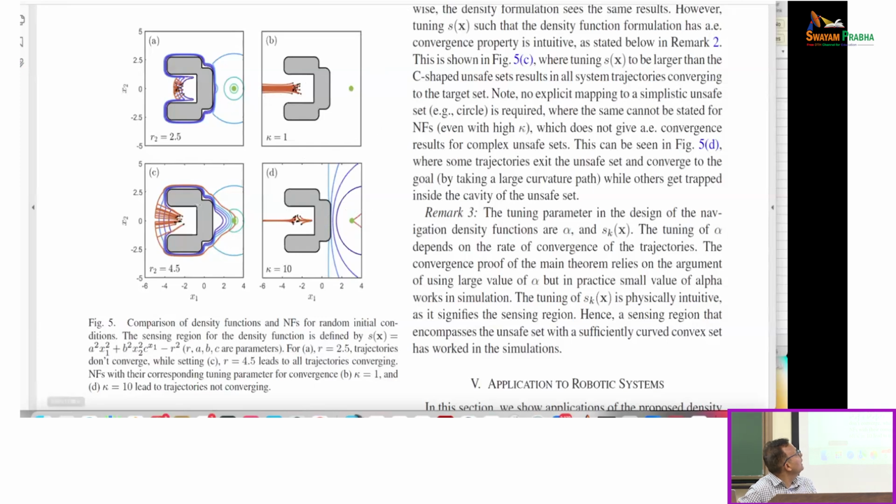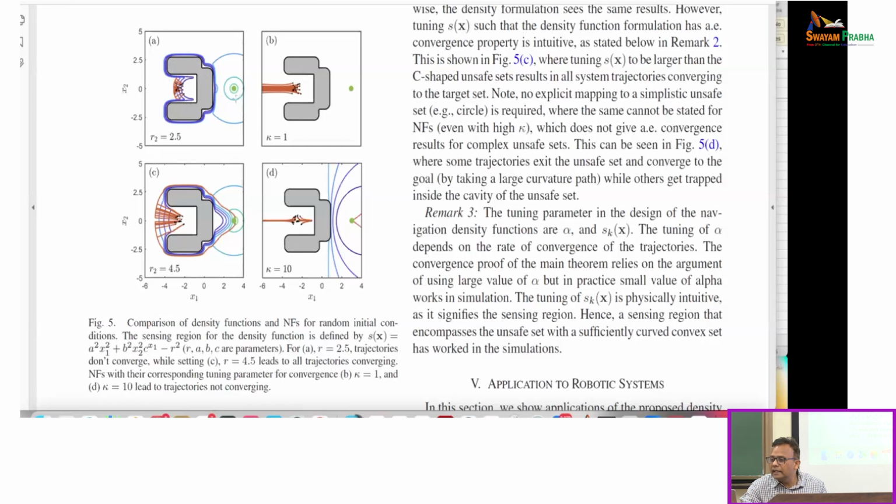Whereas these are the two obtained using this density approach, where by tuning this radius of sensing, you see they kind of hug along the obstacle sides and actually get to the target. And here I think maybe they are not successful, or it doesn't converge.